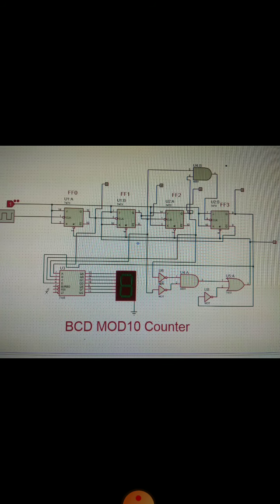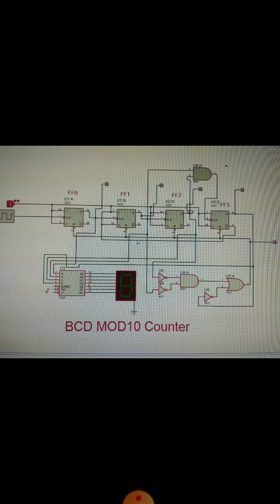So this is the circuit which we have to implement in Proteus. You can clearly observe from the circuit that we have used 4 JK flip flops.